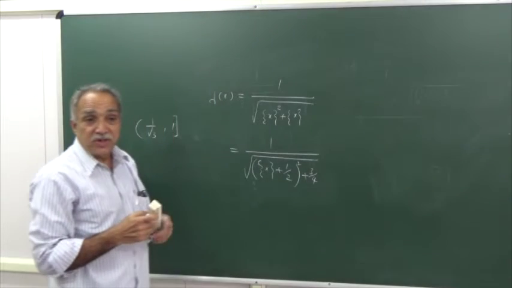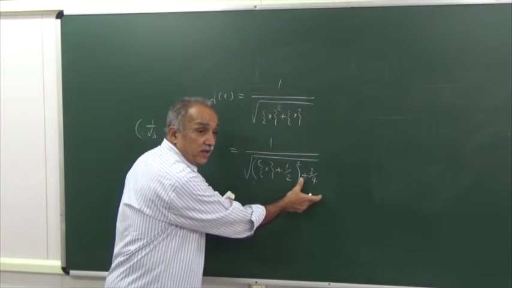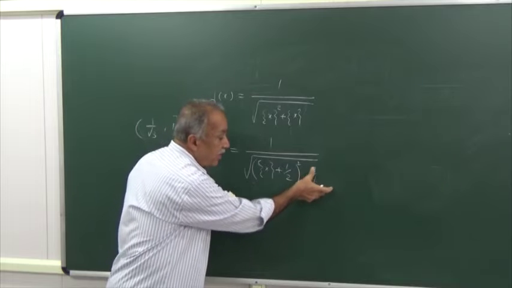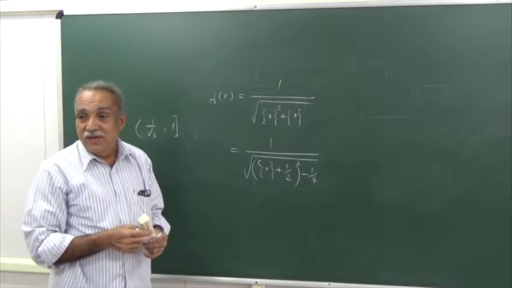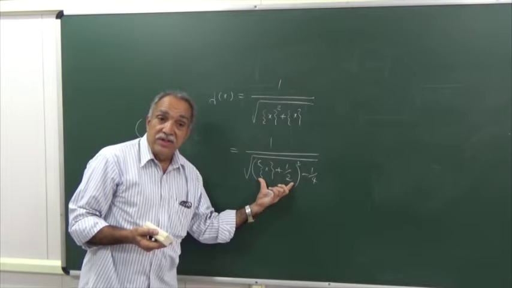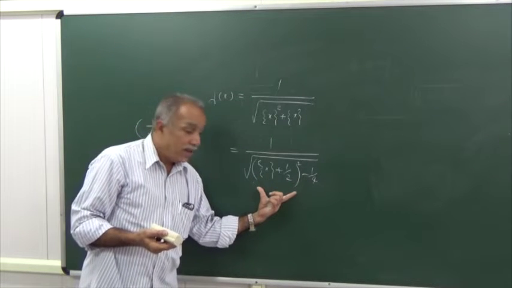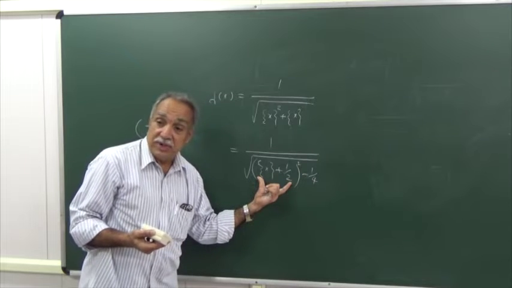What will happen to the expression now? 1 has been removed. Subtract 1. Okay. This lies between 0 and 3 by 2. Square lies between, this lies between half and 3 by 2.